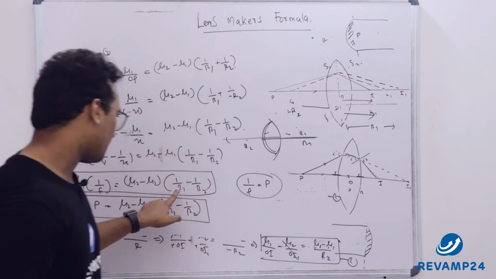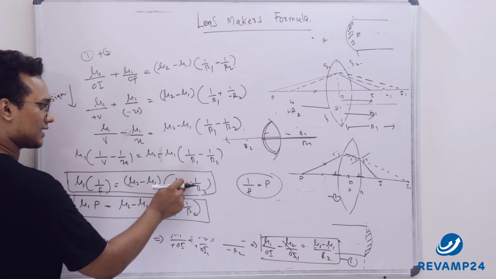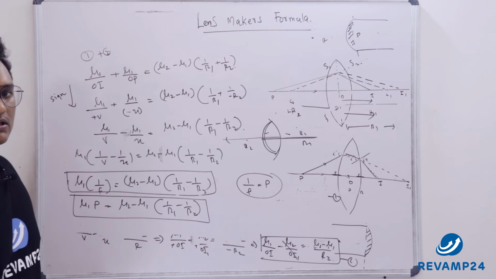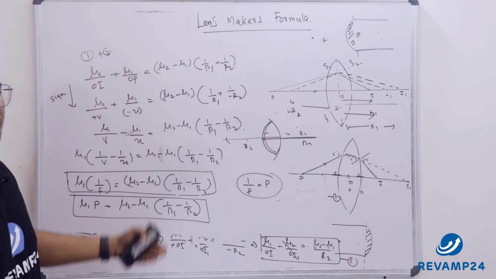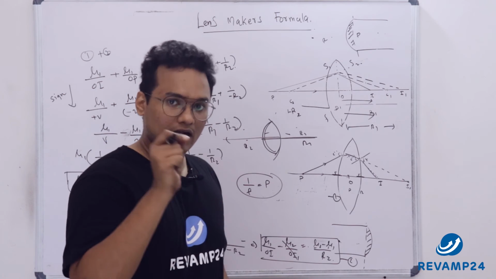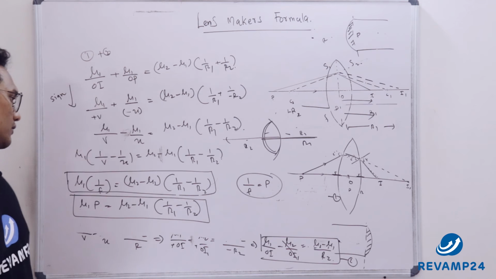So R1 will become positive and R2 will become negative. So negative into negative will become positive. So don't worry about the structure of this equation. Whenever you substitute the values with proper magnitude and sign, there won't be any problem with this equation.